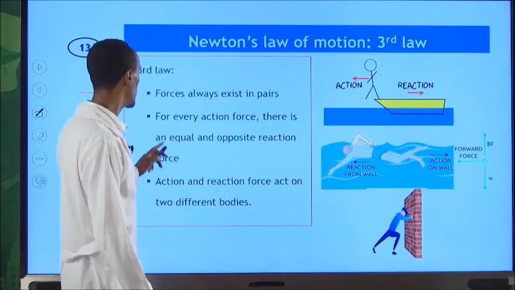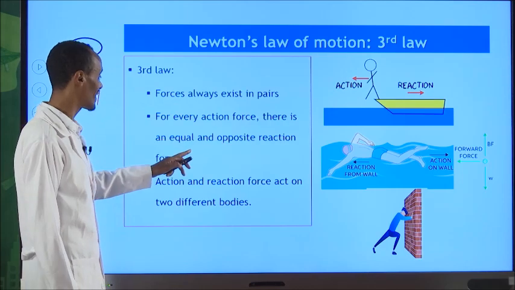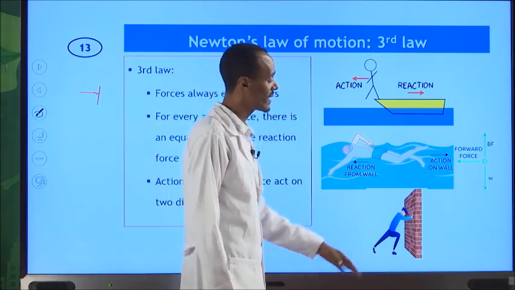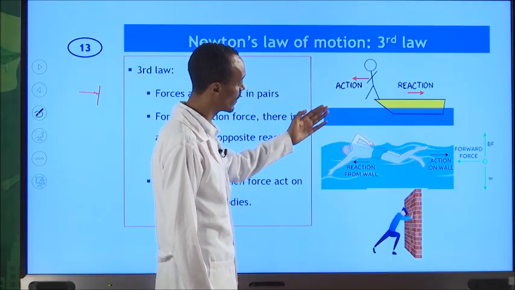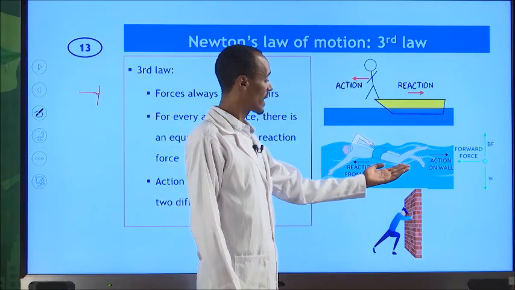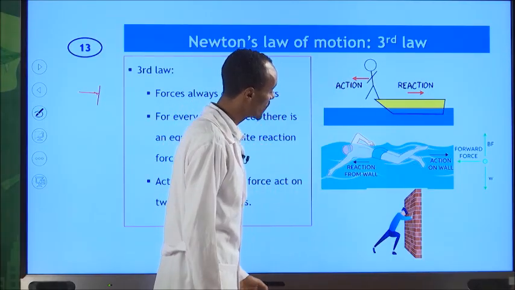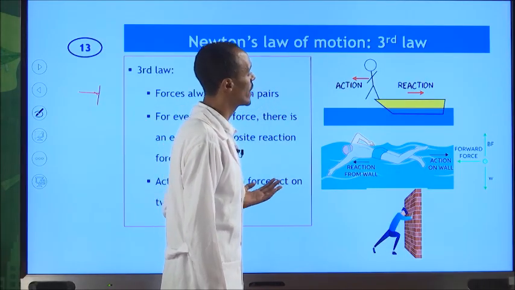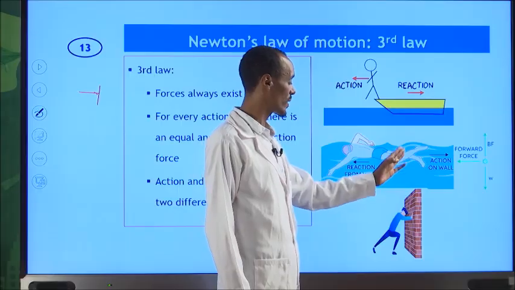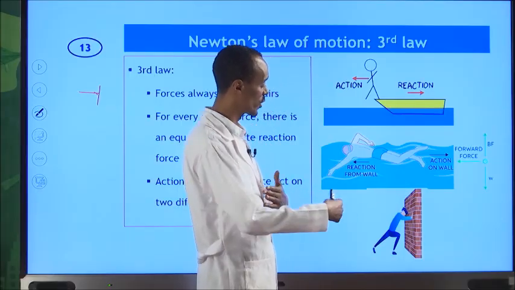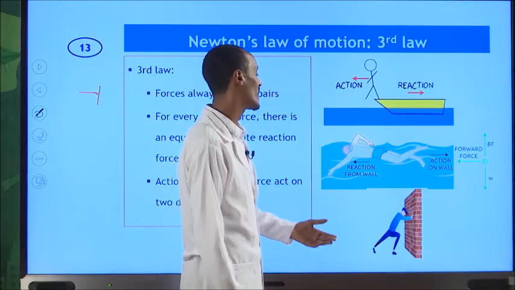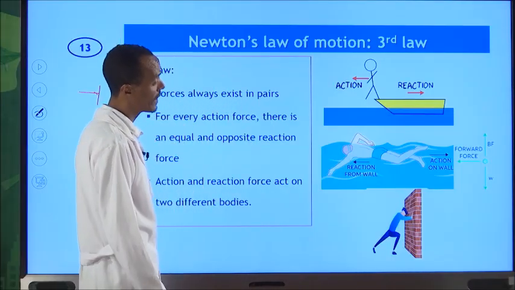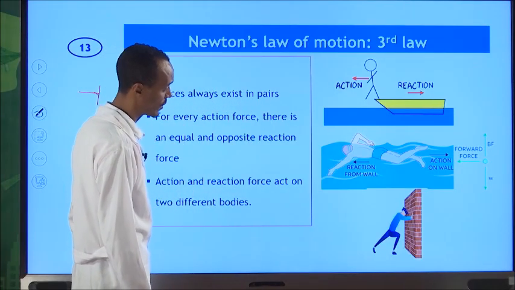We can also look at different examples given on the screen. The sportsman who is swimming is pushing the water backward with his legs, and the reaction force applied on him enables him to move in the opposite direction.